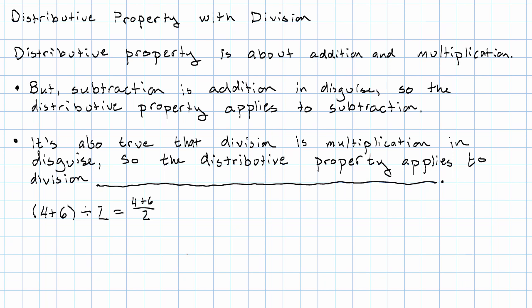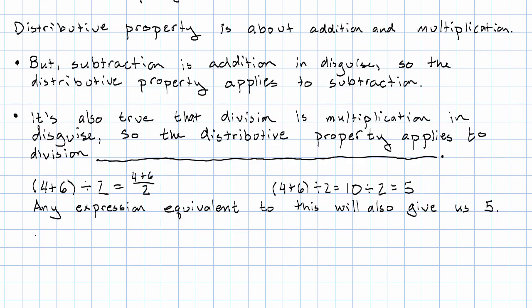What do I mean? Well, we can actually work this out just following the order of operations. 4 plus 6 divided by 2 is 10 divided by 2 is 5. We know that any expression that's equivalent to this will also give us 5.